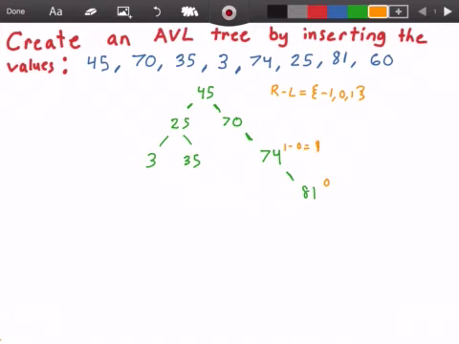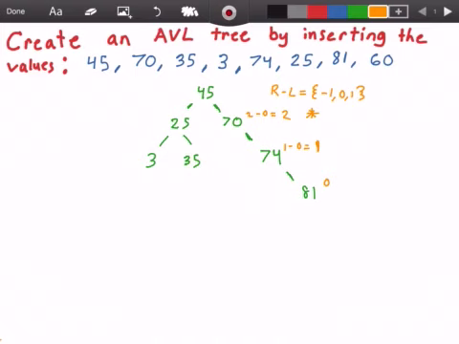Let's see, 70 has a balance factor of 2 minus 0, which gives us the value 2. And 2 is not within our set, saying that the tree is unbalanced. So I'm going to put a little star there.